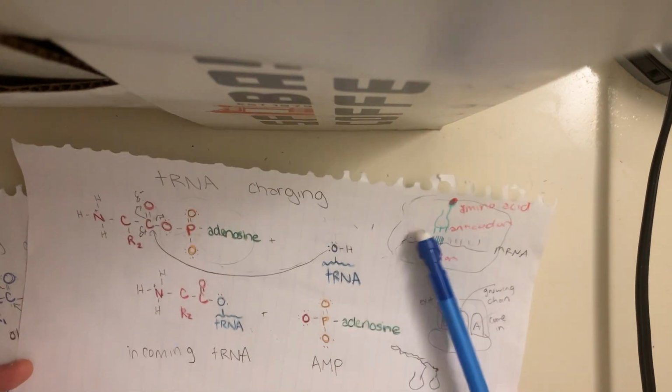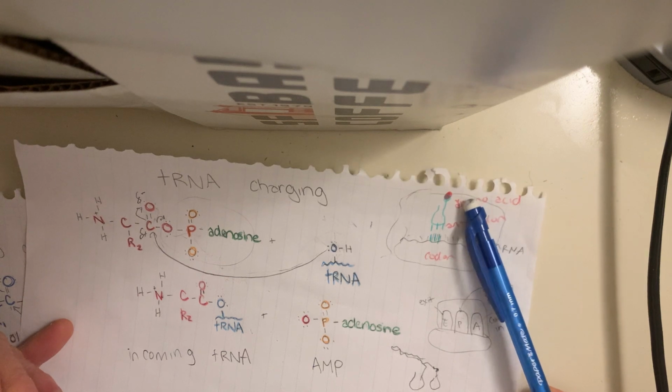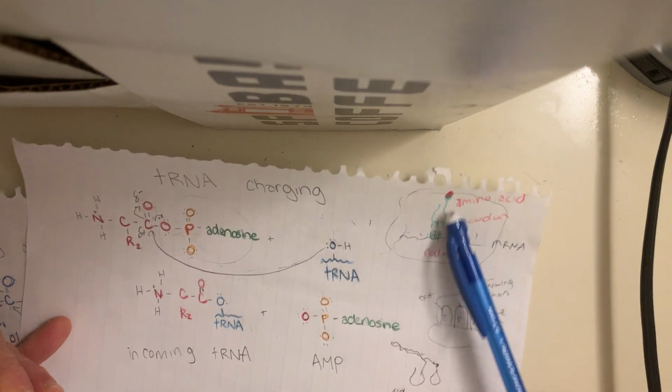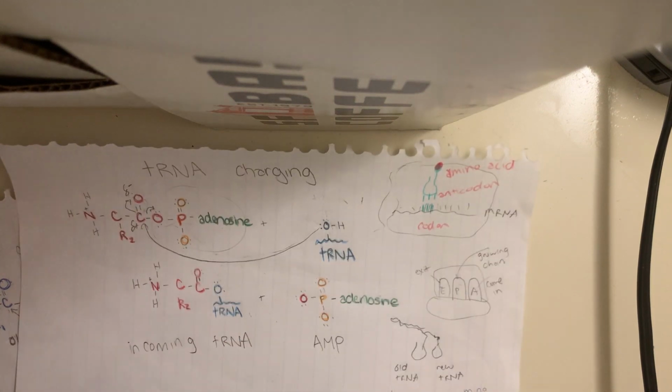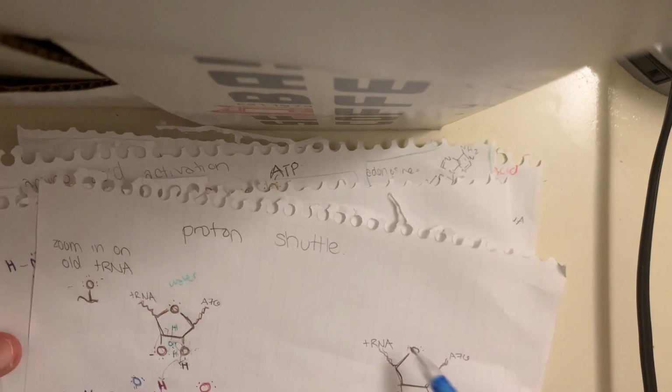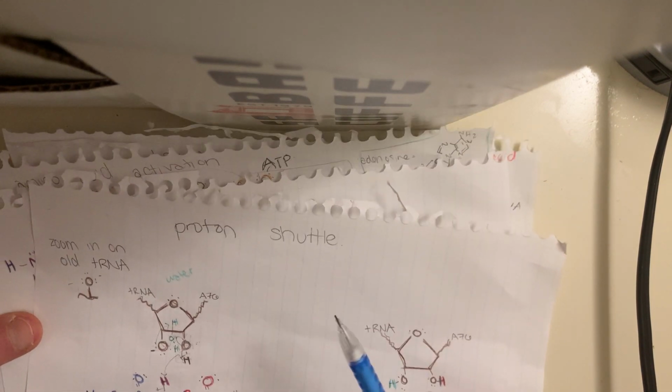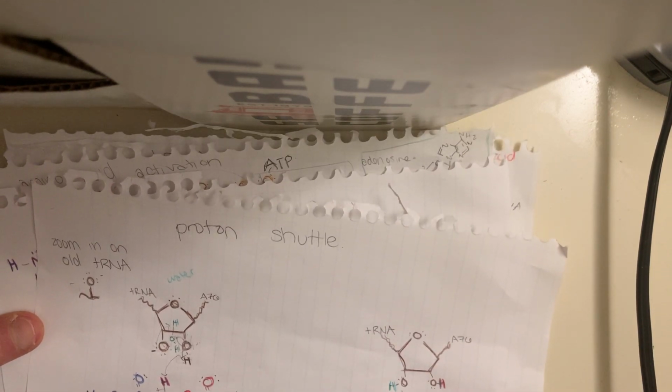Then we charge the tRNA, so this gives us the specificity that we need, so that the right amino acid is added that corresponds to the mRNA. And then finally, with the help of the ribosome, we facilitate this reaction and make it happen.